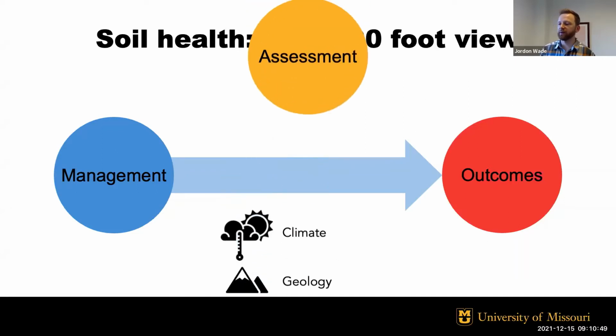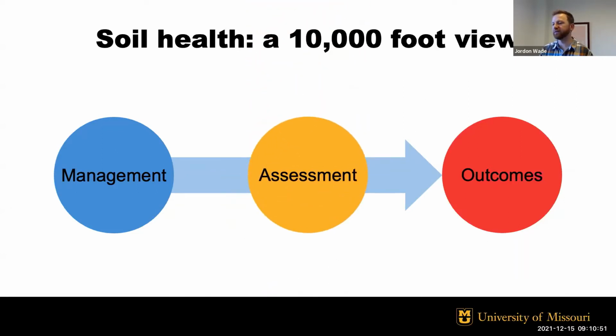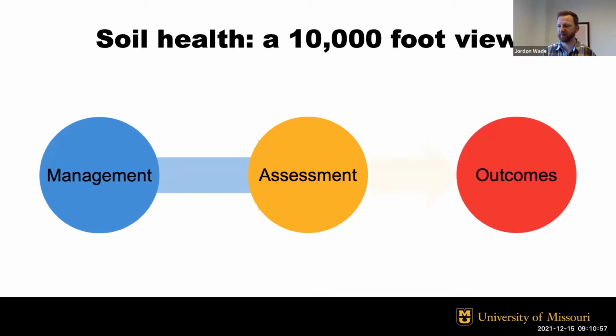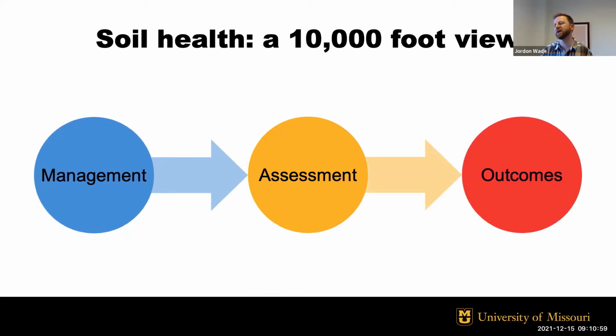To bridge that divide between management and some sort of outcome, we use soil health assessment. The soil health assessment is the intermediary there. The way that I've heard Rick Haney talk about it is soil health assessment is supposed to give farmers the courage to implement some sort of management and make sure that they're getting that outcome that they're interested in.